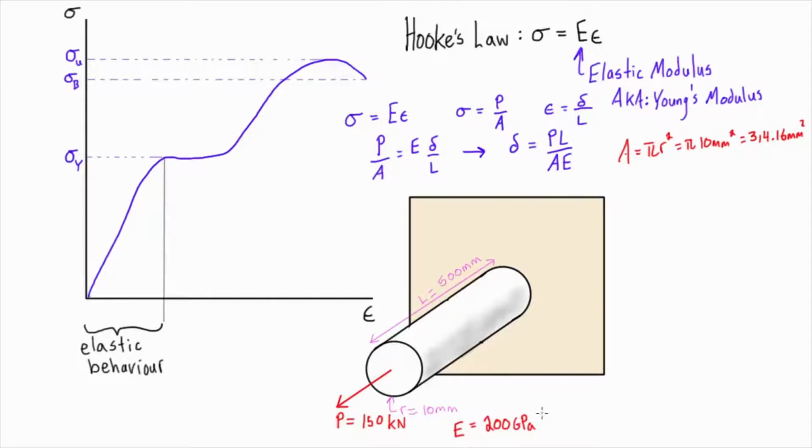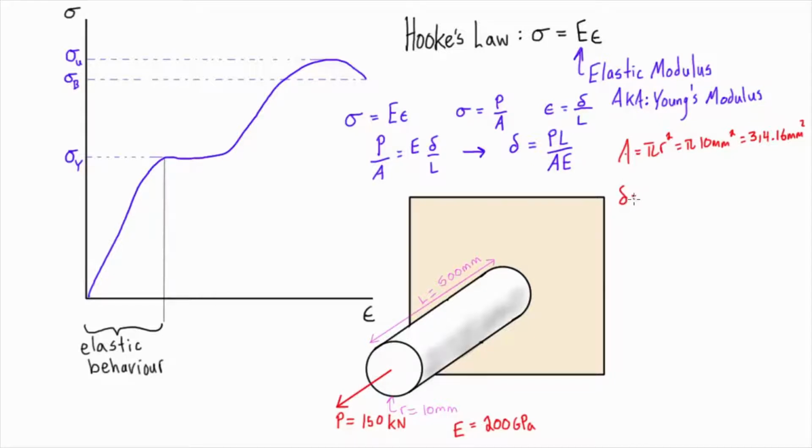E will pretty much always just be given to you, and when we're dealing with steel, it's often going to be 200 gigapascals. So if we plug into our equation, we can figure out how much elongation we're getting in this rod that's subjected to this axial load.